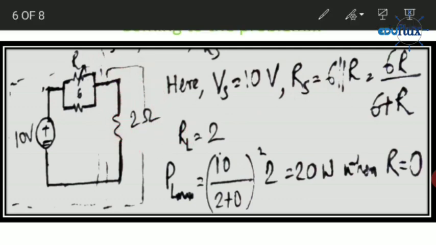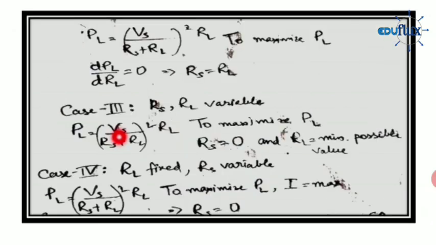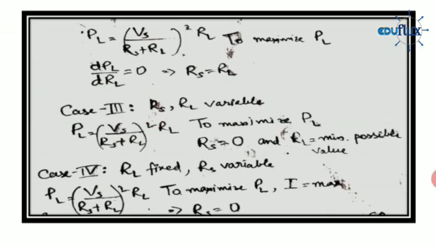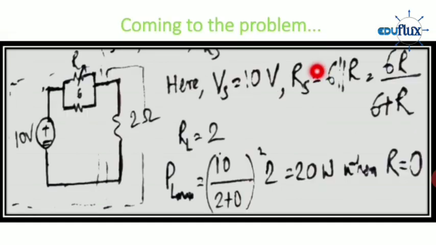So this case falls under case 4, in which RL is a fixed quantity but Rs is variable. So in this case, what we have learned is that maximum power will be delivered to the load only when the source resistance is 0 or minimum. In this case, Rs is 6 plus R, and it can be equal to 0 if R is 0.